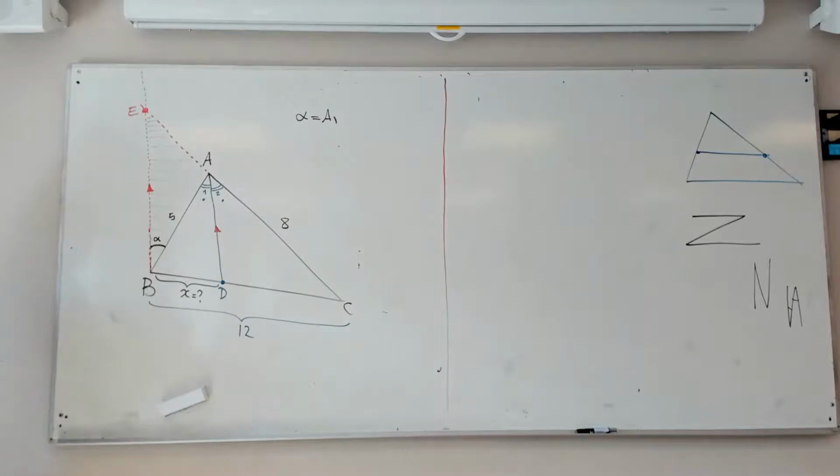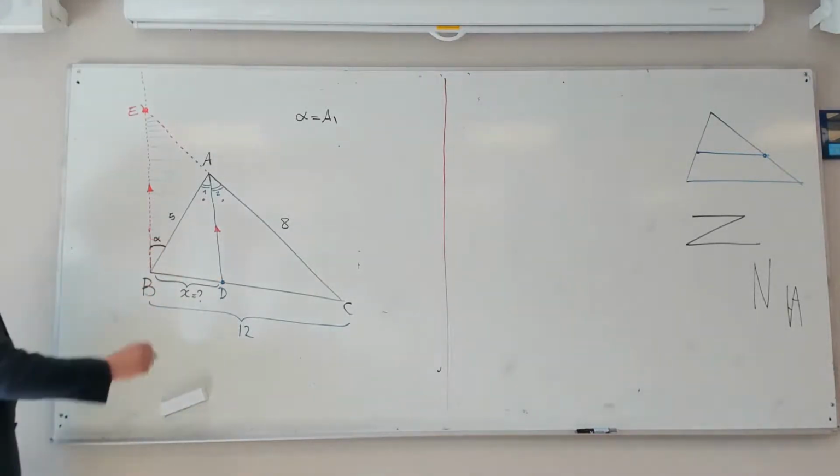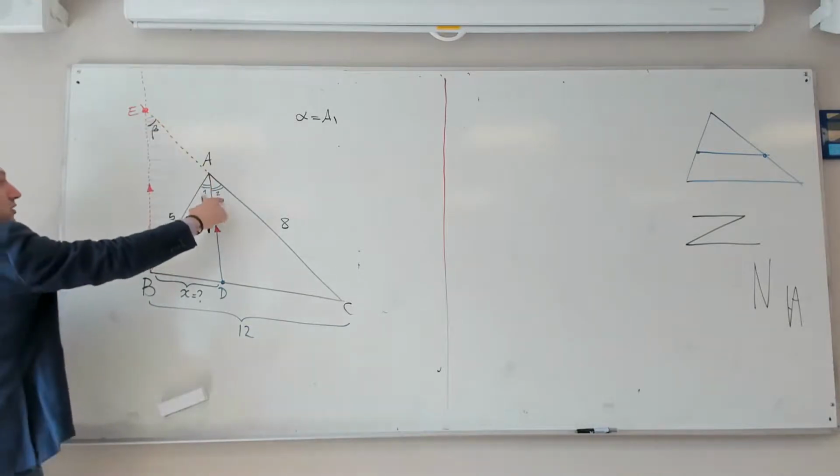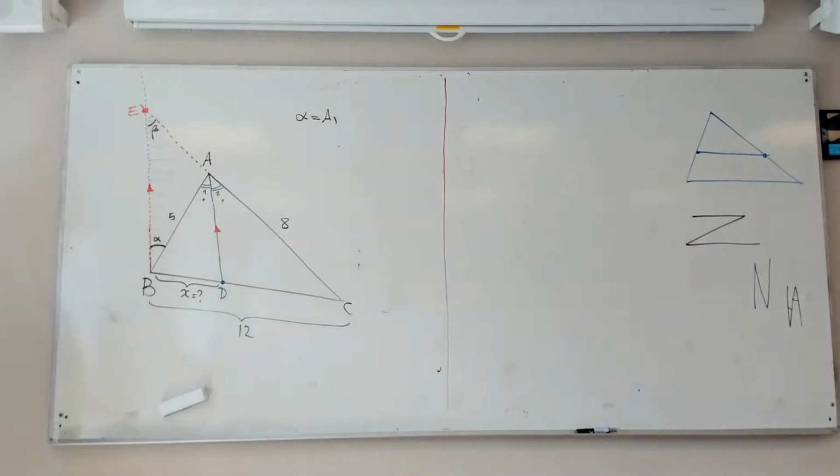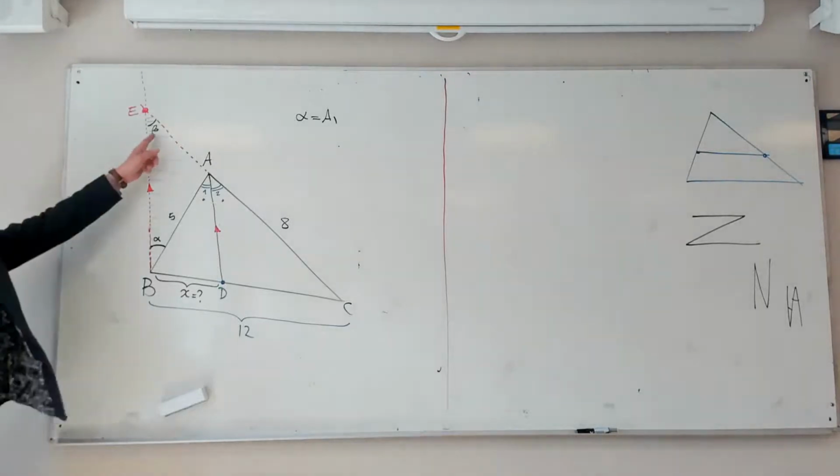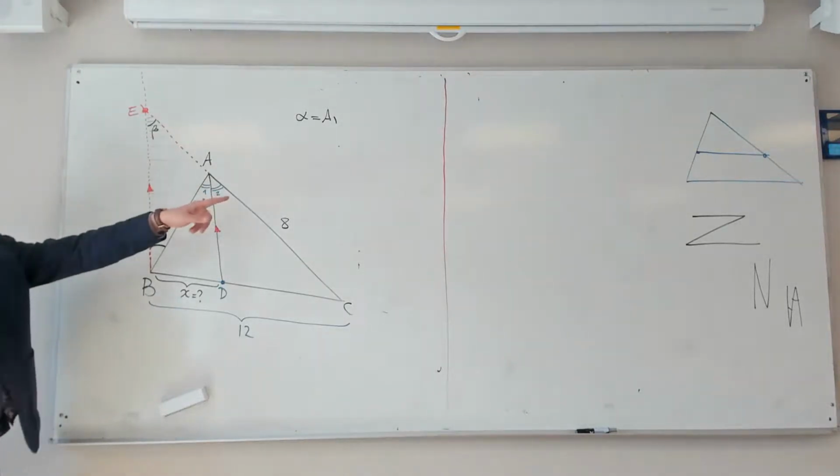Now let me ask you one more question. Angle beta is equal to A2. Why? It's because the sum of alpha and beta plus the other angle should become like beta. But I want to show that this one is equal to A2. The same story.